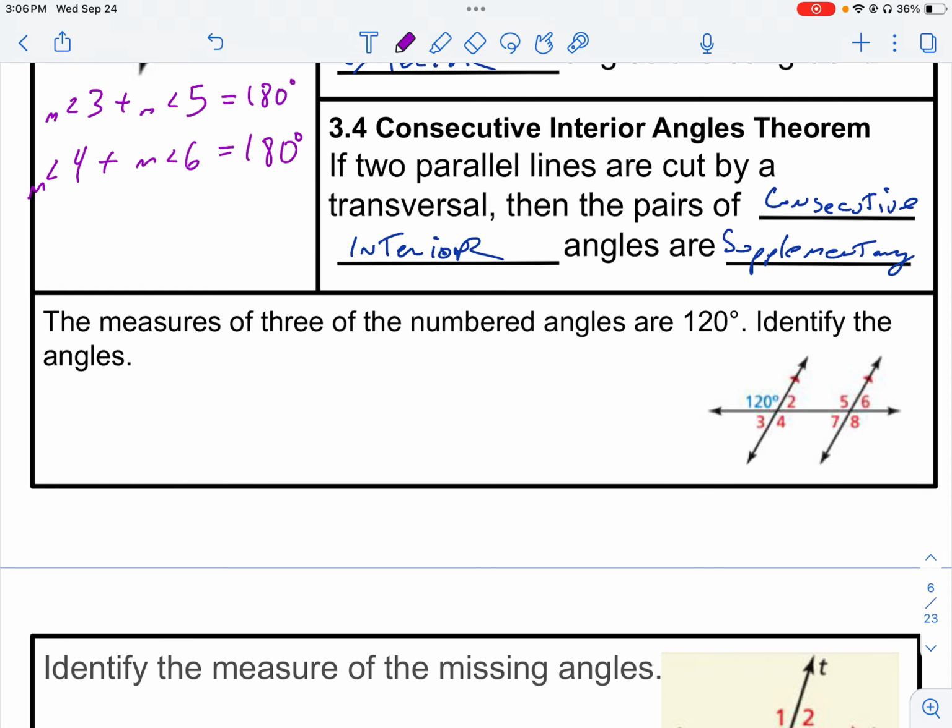So the measures of 3 of the numbered angles are 120. Identify the angles. Well, we know that angle 1 is 120 degrees. In fact, we're going to find all the angles. So 1 and 8 are alternate exterior angles. So angle 8 equals 120 degrees.